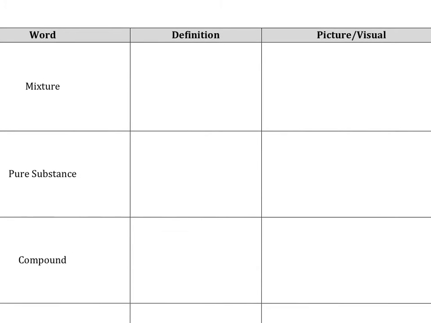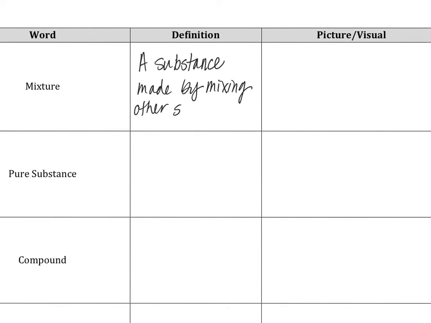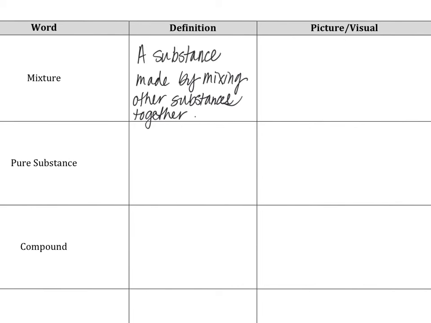So even if I do Google this, it says a mixture is a substance made by mixing other substances together. Okay, so got the definition, great, so please look that up.